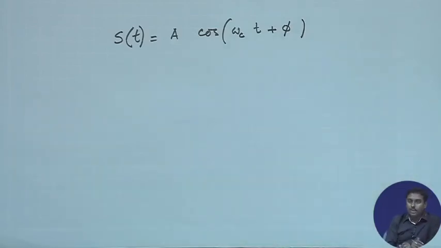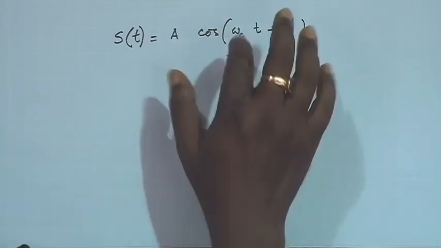So this is a cosinusoidal at frequency omega c, and because this is at some frequency, we call that a carrier. Why it is a carrier will be clear, because it does not by itself carry any message or any information. It somehow modulates the message that it carries.